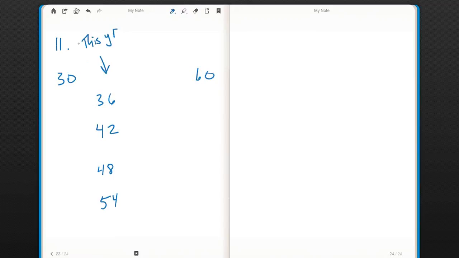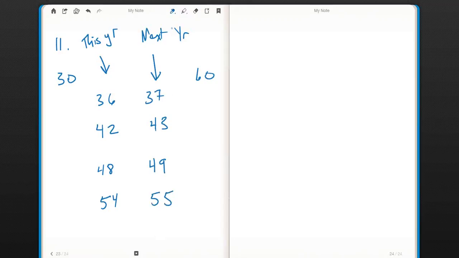It goes on to tell us that next year his age will be a multiple of 7. Well, you've probably counted birthdays long enough to know if this year you're 36, next year you'll be 37. A 42-year-old becomes 43, a 48-year-old becomes 49, and a 54-year-old becomes 55.